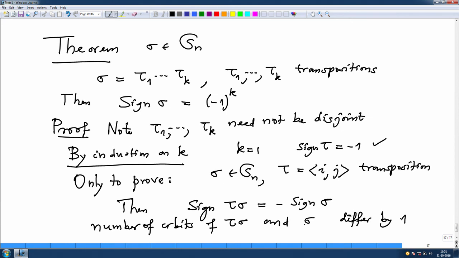So, I will compute the orbits under sigma and under tau sigma and check that they differ by 1, and therefore the sign will differ by minus 1 power 1, which is minus 1. I will leave it for you to check. This is very easy. Okay, so we stop here, and next time we will introduce multilinear maps and alternating maps.